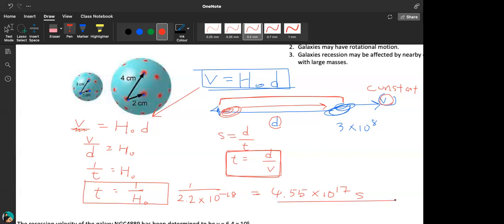But how long is this? Our brain cannot understand this in seconds. So let's convert to years, divided by 24 hours in a day, divided by 365.